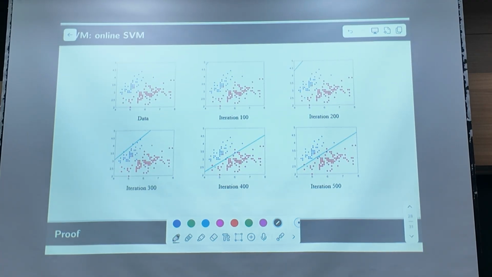And here is an example of binary classification.